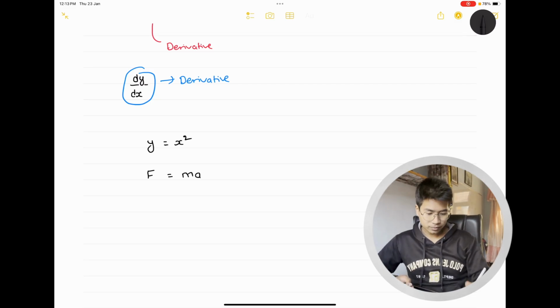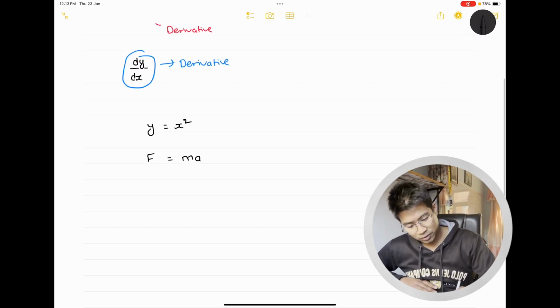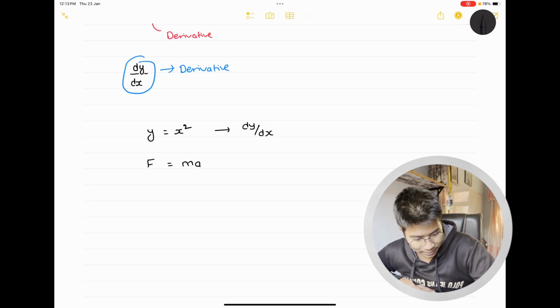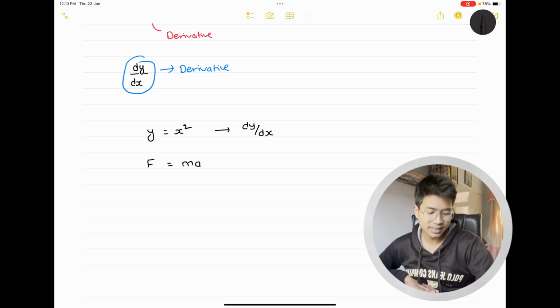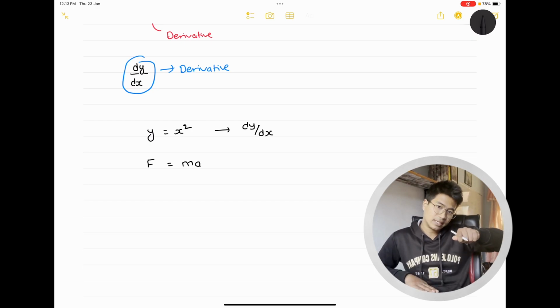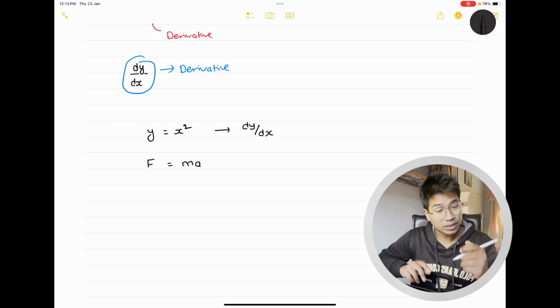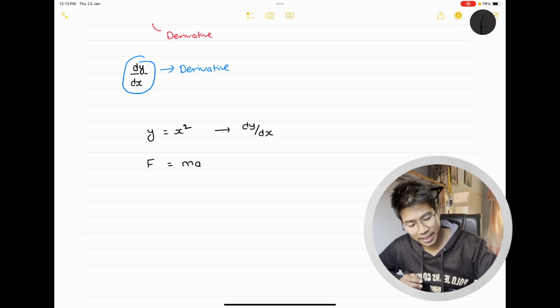Okay, let's go back to that. So for this case, if this derivative would be dy by dx, right, then this actually defines that if I change that x by some unit, how does my y respond? Okay, that's what dy by dx really means, right?